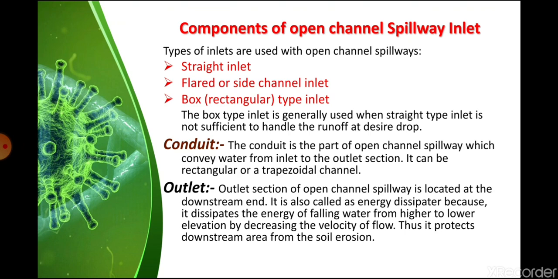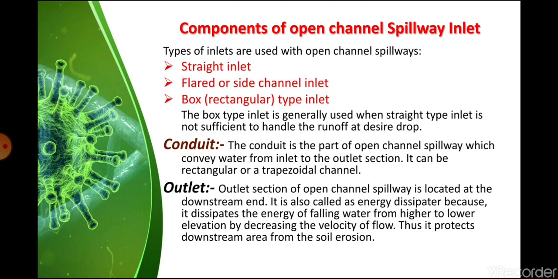And then the outlet is also a major component. The outlet is generally used for dissipating the energy, since you have seen that from the inlet to the outlet, water is coming through a steep slope. So there will be a lot of kinetic energy in the water. To dissipate that energy, so that it does not go into the downstream area, the outlet is used.